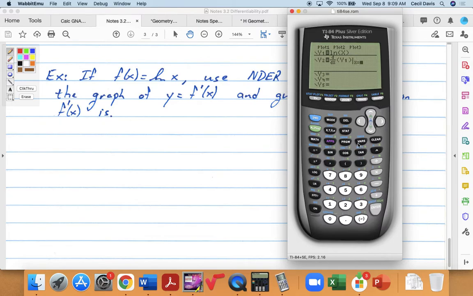And where are we calculating the derivative? Wherever the pixel happens to be, at whatever x value it happens to be at. So at x equals x. So I'm going to do zoom standard because I have no idea what I was looking at before. There's natural log of x. And there's the numeric derivative.